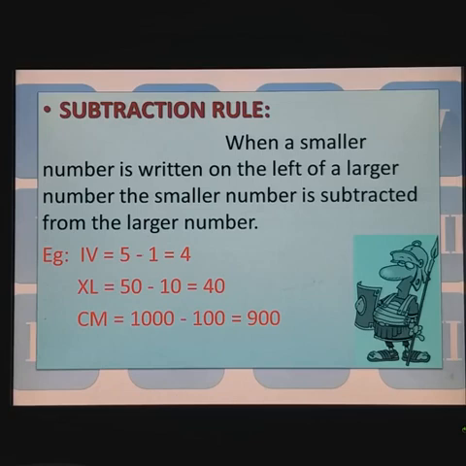So we are going to subtract. 5 minus 1 is equal to 4. XL, 50 minus 10. The value of L is 50 and the value of X is 10. So it will come to 40. CM, 1000 minus 100, which will give you 900.